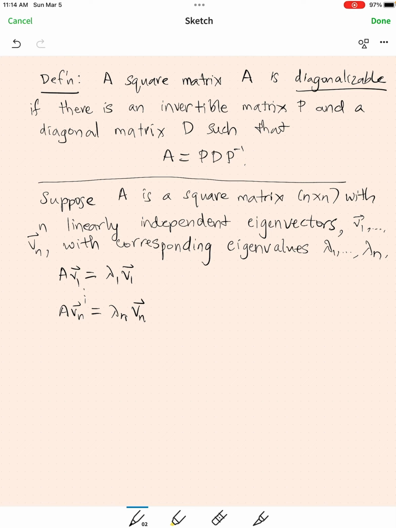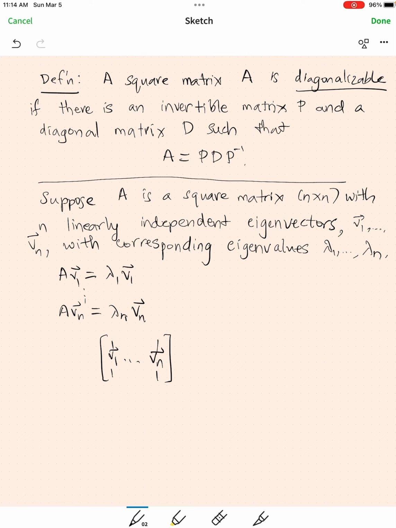Well, what happens if I take those v1 through vn and put them in a matrix like this, make them the columns of this matrix? These eigenvectors are n, right? So I'm going to have n rows, and I have n eigenvectors, so I have n columns, so I have an n by n matrix.